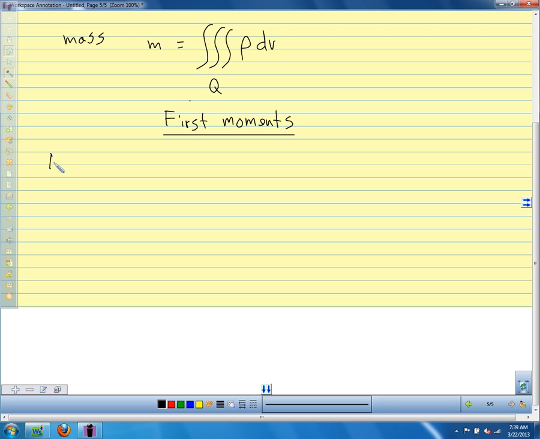The moment m sub yz is the moment about the yz plane. It is a triple integral over our region of x rho dV. x is the distance of our little increment of mass from the yz plane.